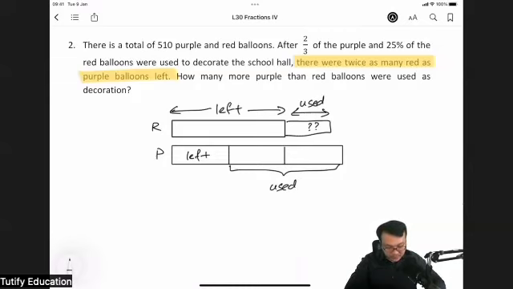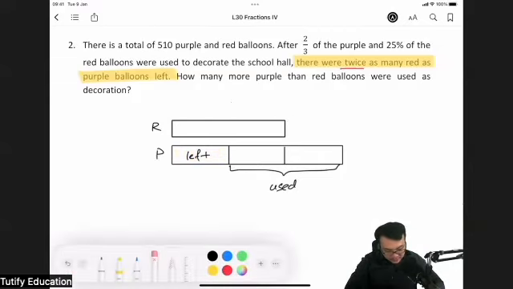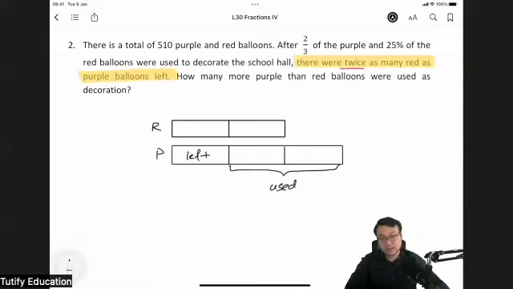If you compare to the purple, which has 1 unit left, how many units are left for the red? 2 units left. Very good. Because the question already told you that there are twice as many red as purple that are left. So I'm drawing the reds that are left right now. 2 units left, twice as many as the purple.